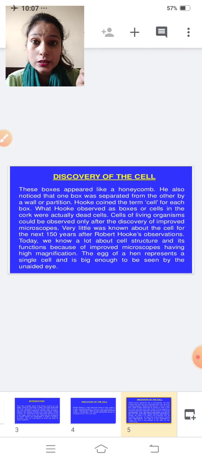He also noticed that one box was separated from the other by a wall or partition. Hooke coined the term cell for each box. What Hooke observed as boxes or cells in the cork were actually dead cells.